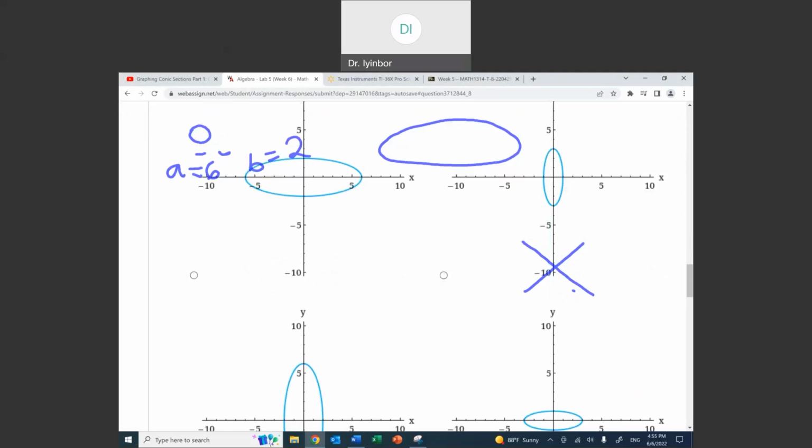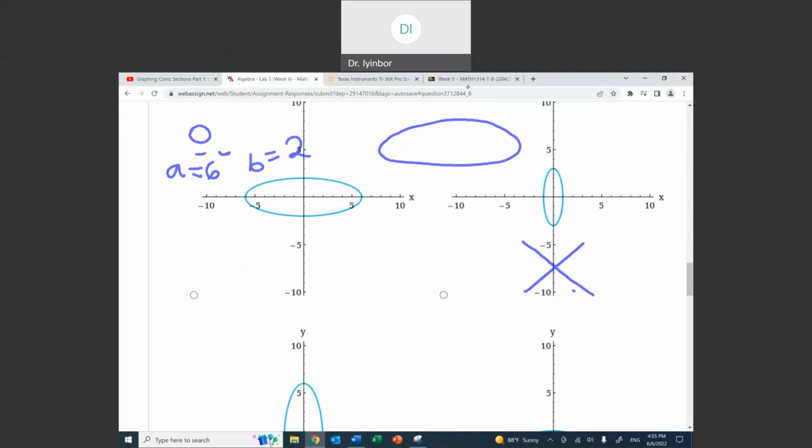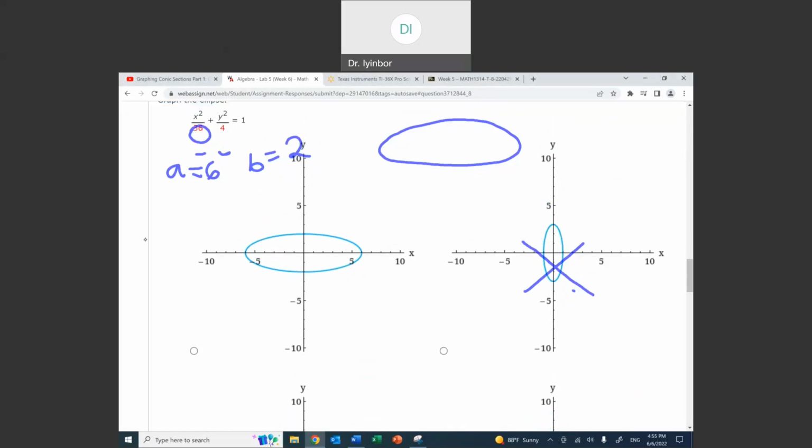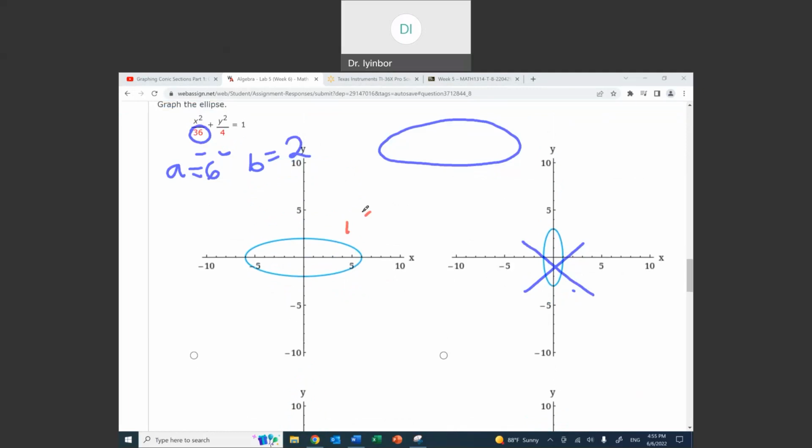Okay, so now looks like this is the graph we have, this one here. Why is this one? Because see, the center is 0, 0, it's open horizontal. From here to here is C, 6, right? And this is A, and A is 6, exactly 6.